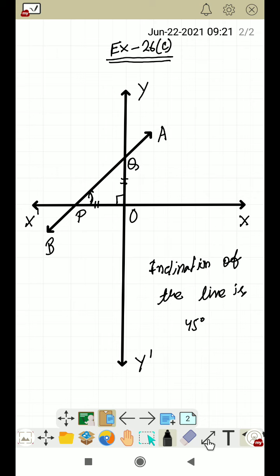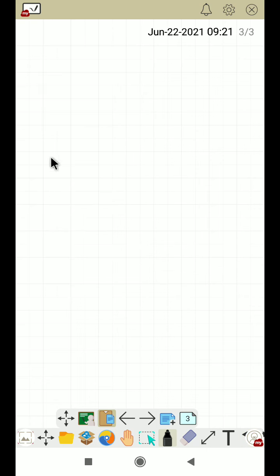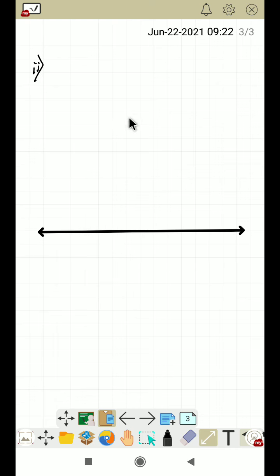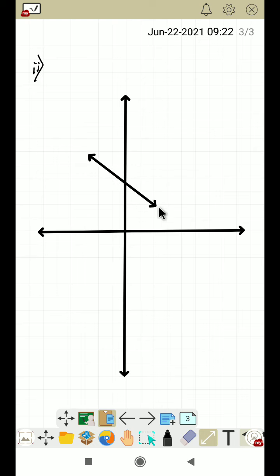Let's see another example. Here is the x-axis and this is the y-axis. Now one line is given here, AB.